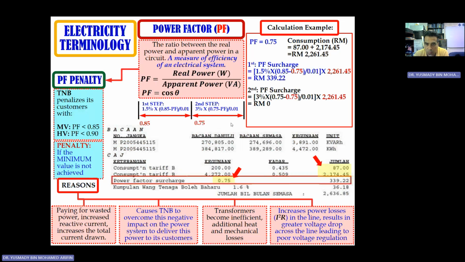However, to show you why we only need the first step of the PF surcharge calculation: the value of PF is the same as the second limit of the power factor for the second step. So you get RM 0. So in total the power factor surcharge will be 339.22, as shown in the electricity bill. This is how we calculate the amount of extra charge based on the power factor.